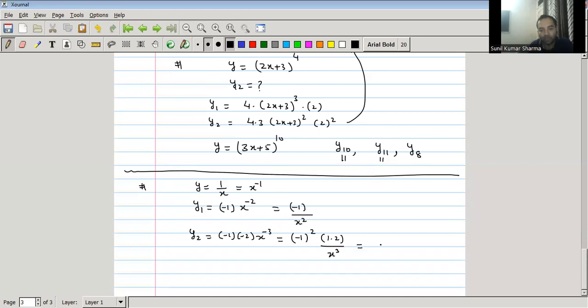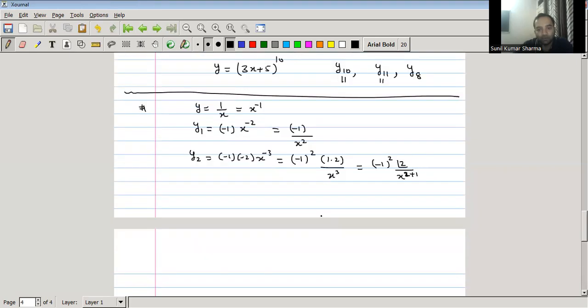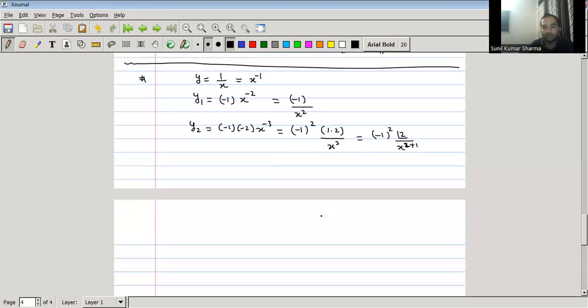So can I write this as (minus 1) square into 2 factorial divided by x power 3? Or instead of writing 3, I can write 2 plus 1. After the second, third, fourth results, we will realize why I write x power 2 plus 1 for x power 3.